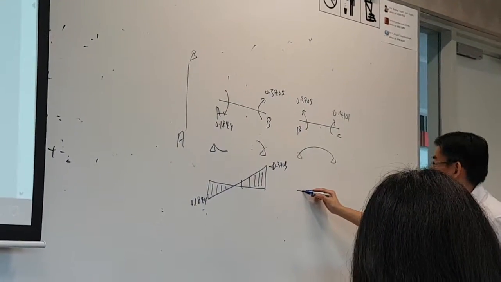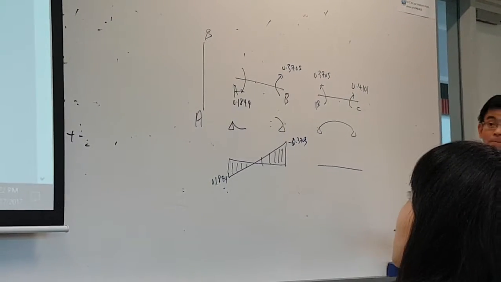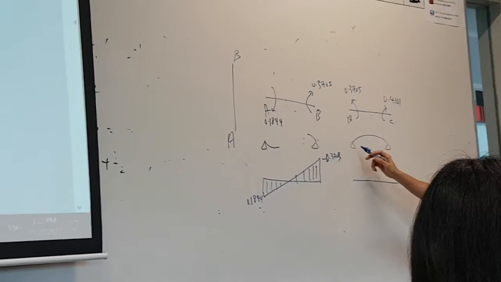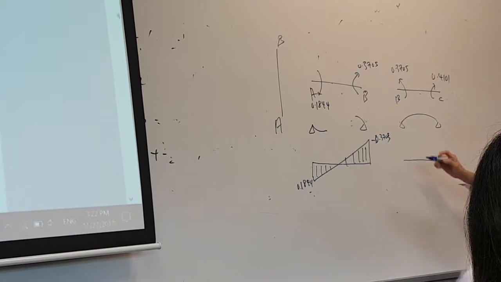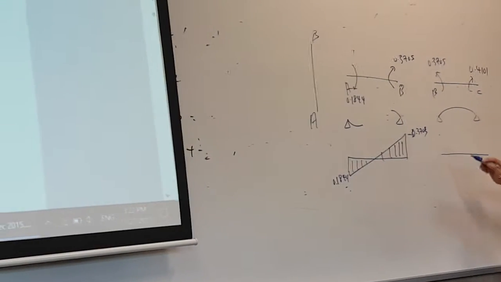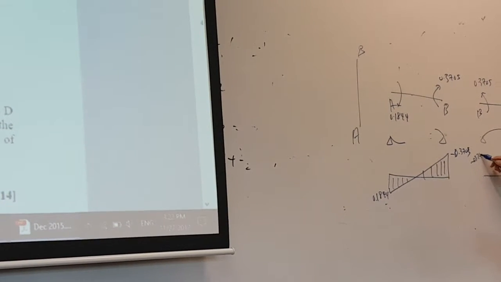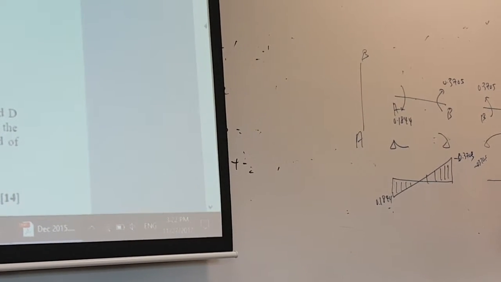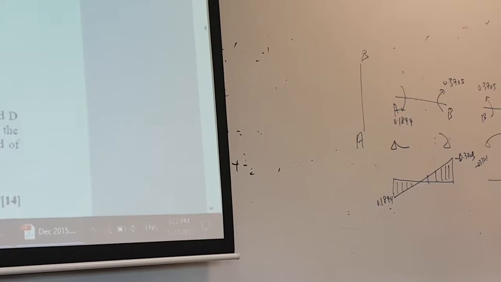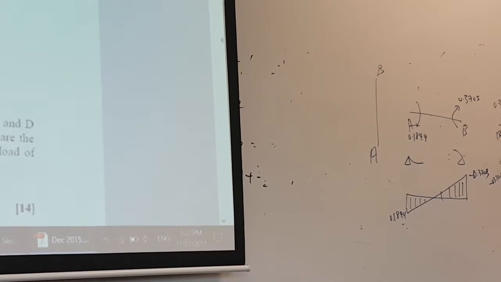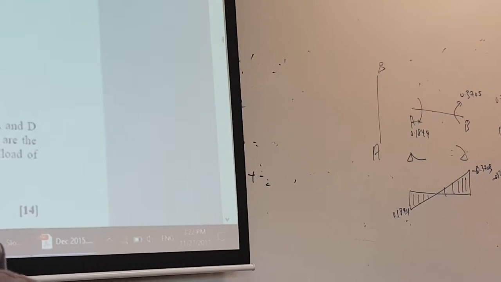So for this case, you need to actually draw from here, and you know that because it's hogging, it's going to be negative. So from here you start off with minus 0.3705, and after that, this point is going to be minus 0.4101. So how is it going to be?